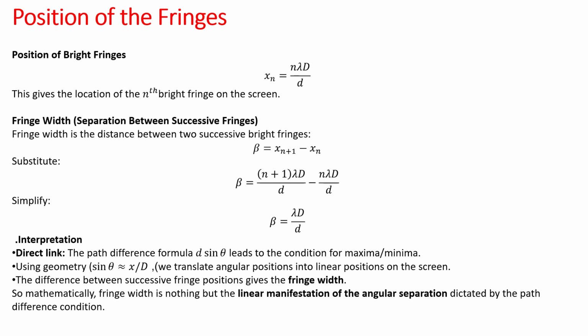By equating these equations and solving for two adjacent fringes, we get the fringe width. So here is a linear manifestation of the angular separation directed by path difference, the angular position of the fringes represented linearly on the screen.